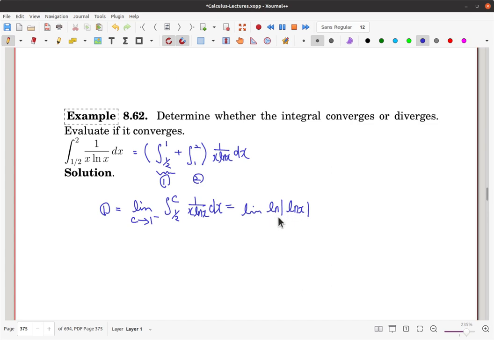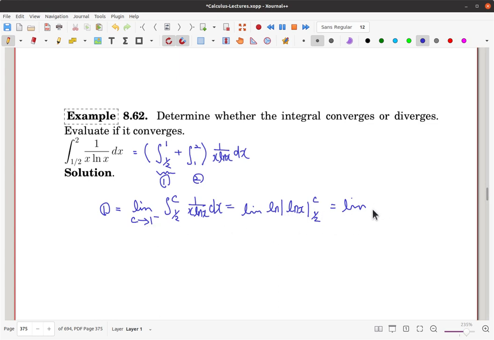Its derivative will become, on the bottom, logarithm x, and the derivative of logarithm x is 1 over x. So we reach that one. Here we are evaluating from half to c, with the same limit, c approaching 1.